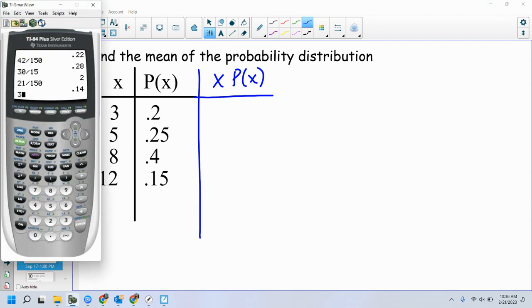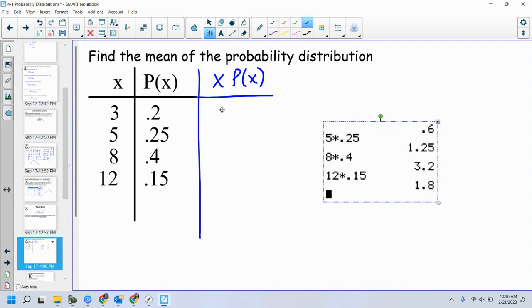So what I'm going to do is take 3 times 0.2, and 5 times 0.25, and 8 times 0.4, and 12 times 0.15. I've got 0.6, 1.25, 3.2, and 1.8.